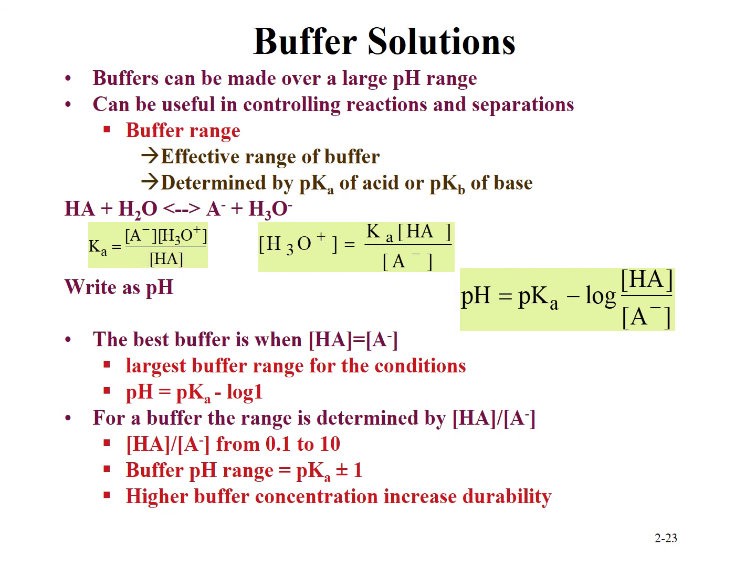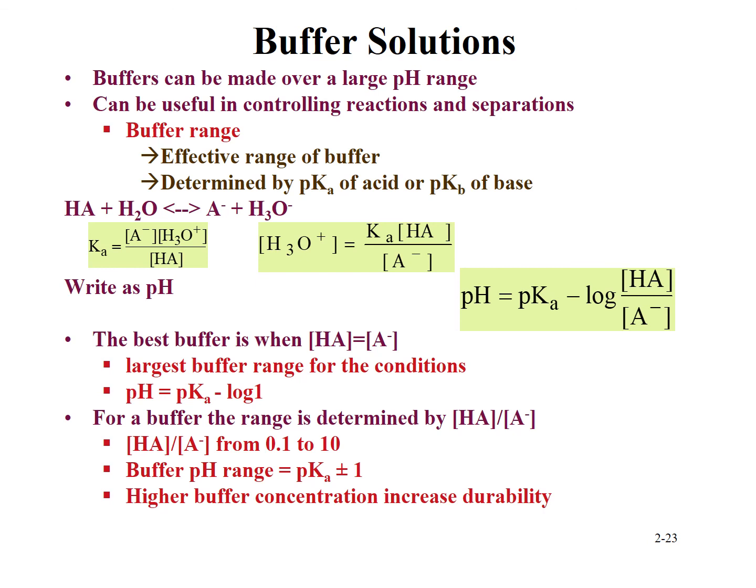I rearrange that equation so that the hydronium, the proton, is equal to the Ka times HA divided by A minus. Well, I write this as pH. That's pH is equal to pKa minus log of the concentration of the HA divided by the A minus.